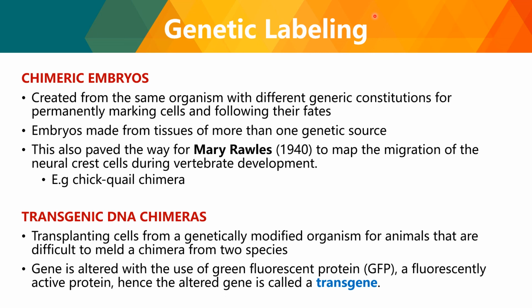Hence, the altered gene is called a transgene. Okay? So, if chimeric embryos do use natural genetic sources, for transgenic chimeras, they use modified or genetically modified organisms or GMOs. And they use the GFP for it. So such altered genes are what you call already a transgene. Okay?